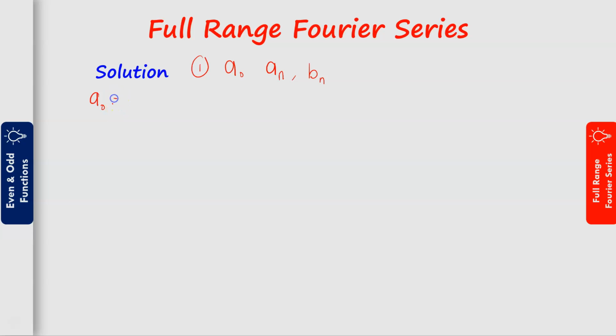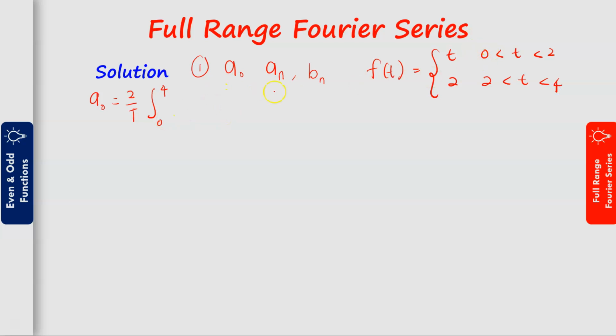For A0, the formula is given by 2 over T, and you need to integrate. The limit of this integration is actually from 0 to 4, based on the question, because we have f(t) equal to t for the domain t in between 0 and 2, and 2 for the domain t in between 2 and 4.